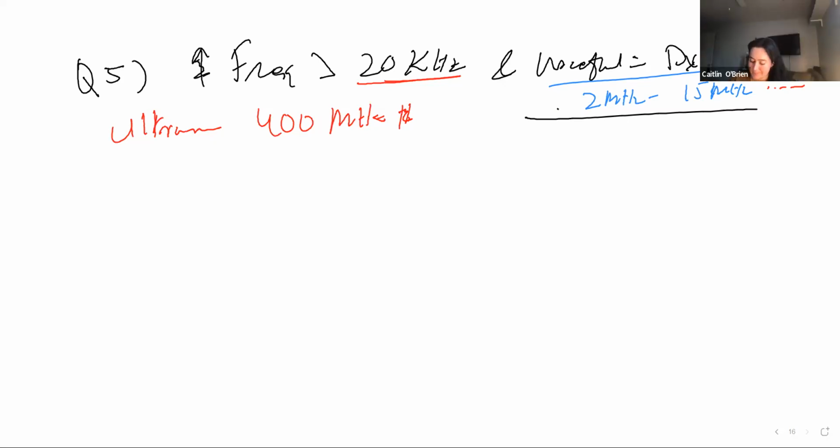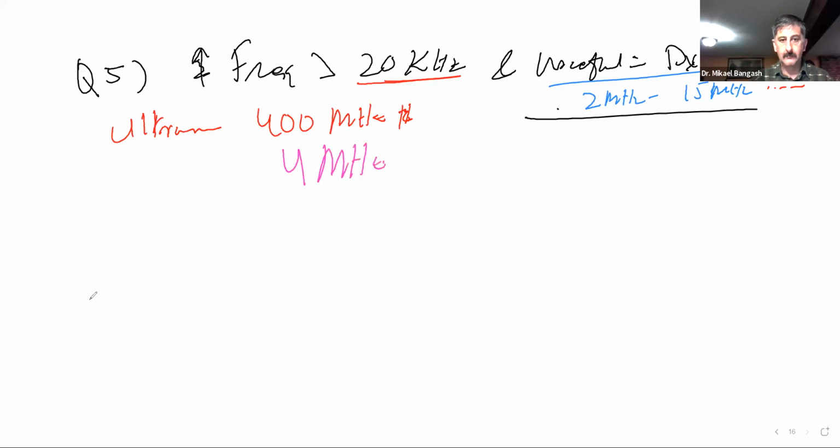Yep. Good. Now the next option is just 4 megahertz. Of course that's greater than 20 kilohertz, and it falls between 2 megahertz and 15 megahertz. If you start counting from 2, you go 2, 3, 4, boom. But not just the number, guys, also the units are the same, right?